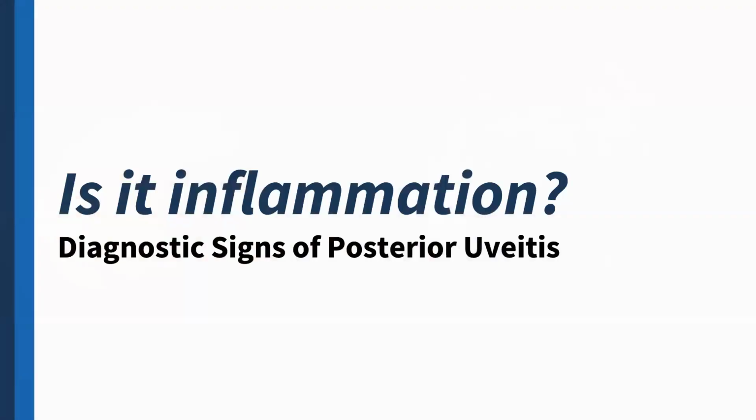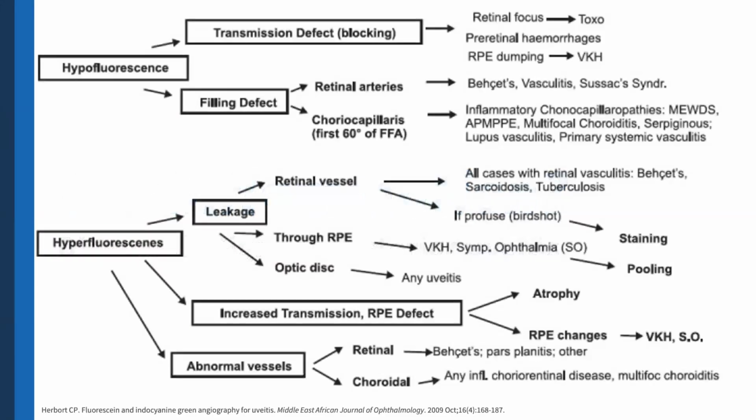So the first thing that we need to know when you're faced with an FA is, is it inflammation? So perhaps you already know this flow chart. When we take a look at FAs, we normally describe whether it's a hypofluorescent or a hyperfluorescent lesion.